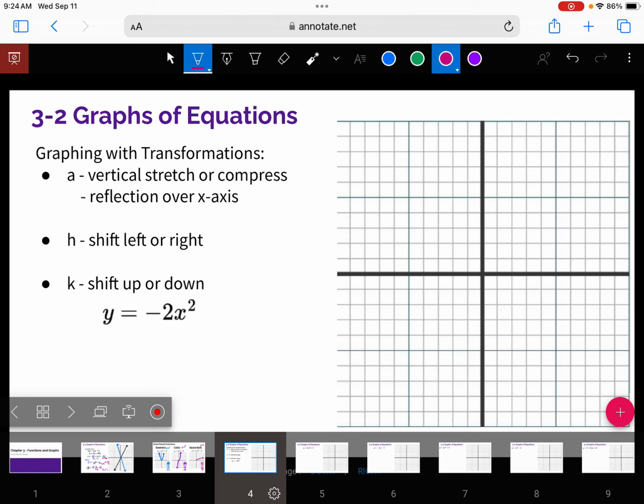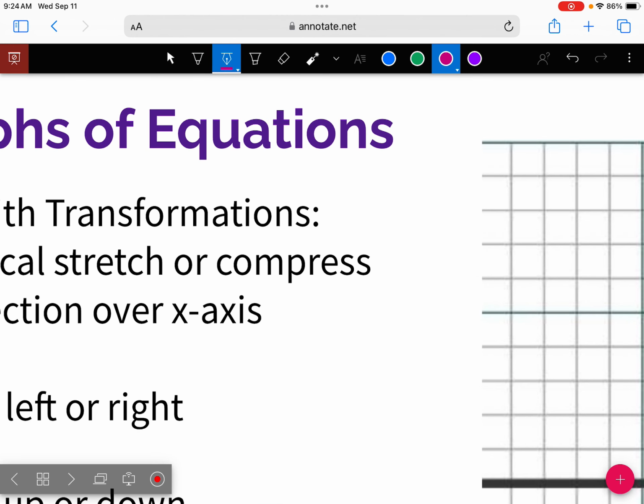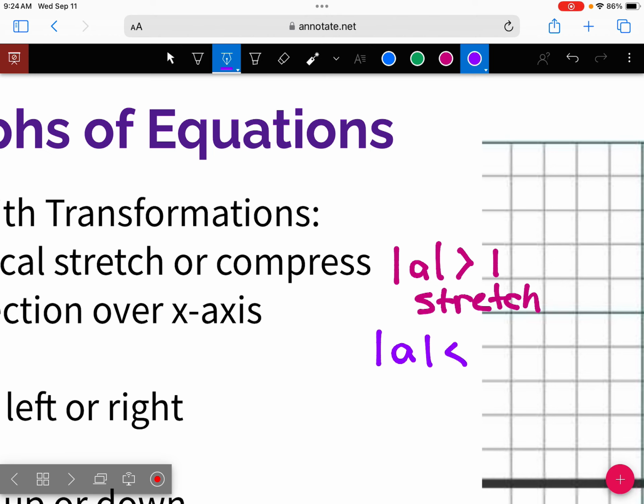So if you are one of those people that likes to write down the formal rules and how this works, it's our absolute value of A being greater than 1 is a stretch. The absolute value of A being less than 1 is a compress.